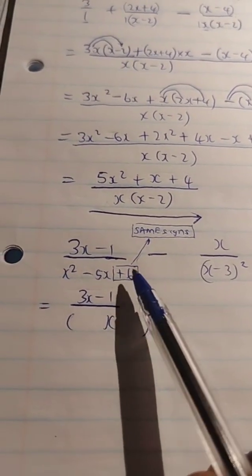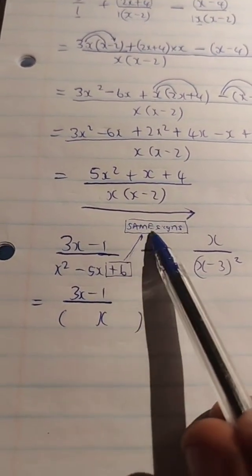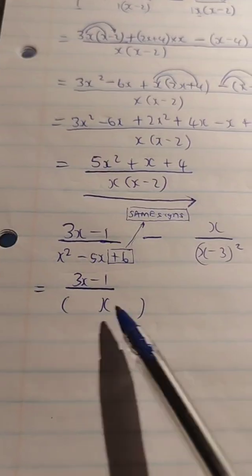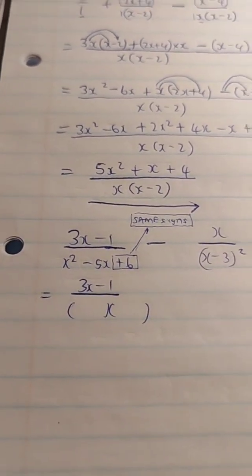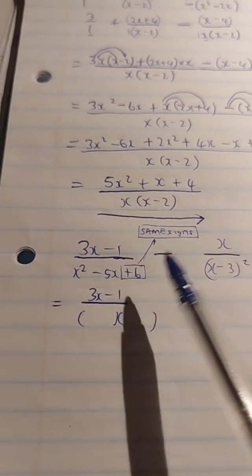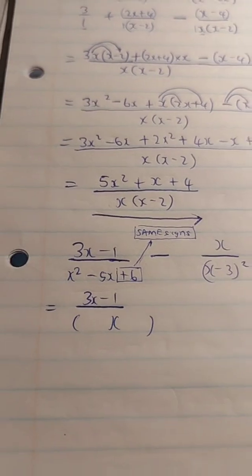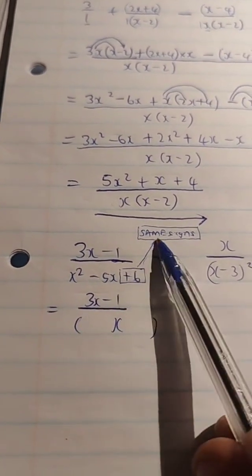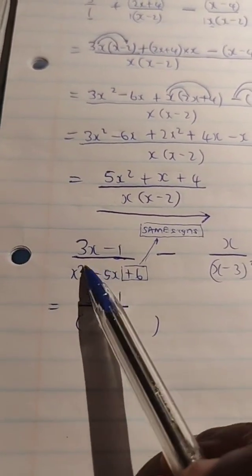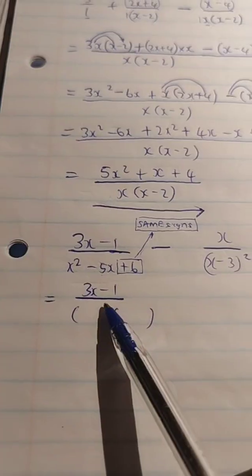The word same means alike. But which signs? We are going to have the same signs according to the sign of the middle term.